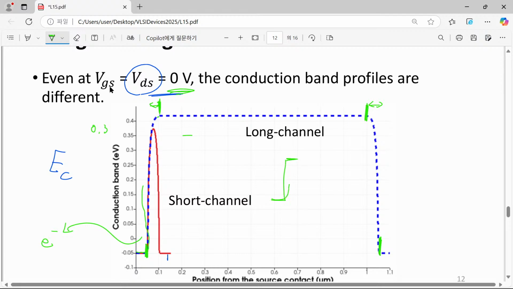We need a certain transition region. But when we make our device much shorter than this transition region, even before reaching this maximum value, our band profile should go down once again. So that's the reason why, when we have quite a short distance, we have to have a lowered maximum energy.